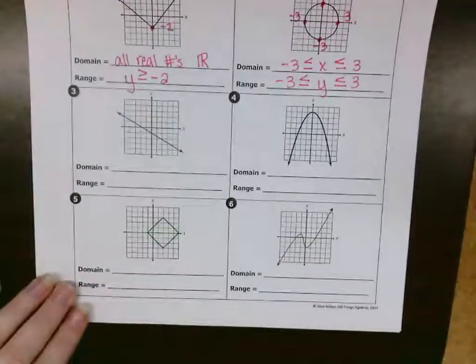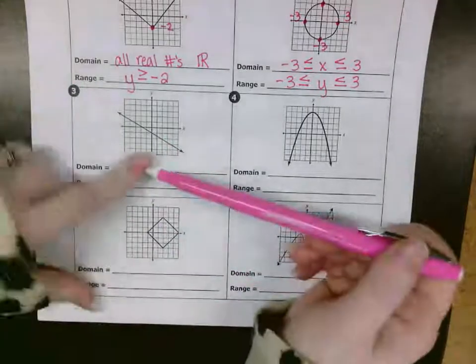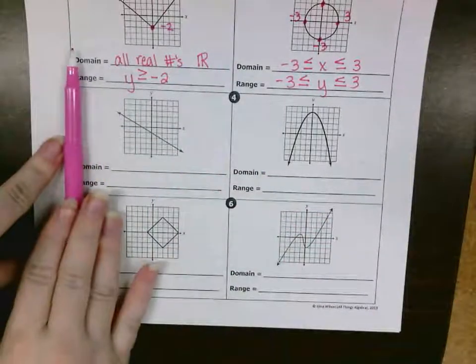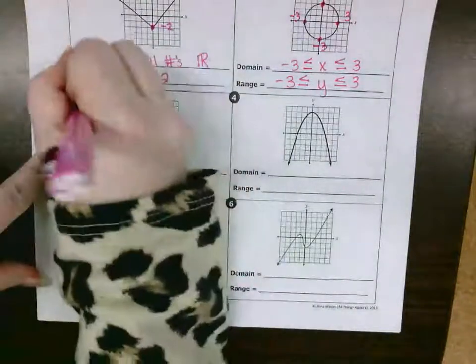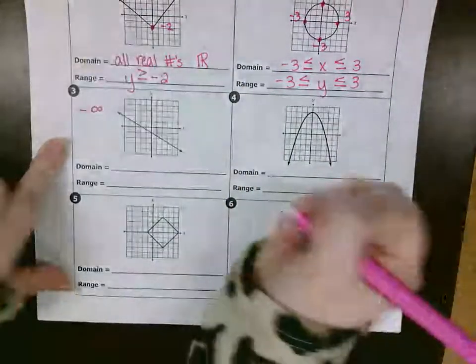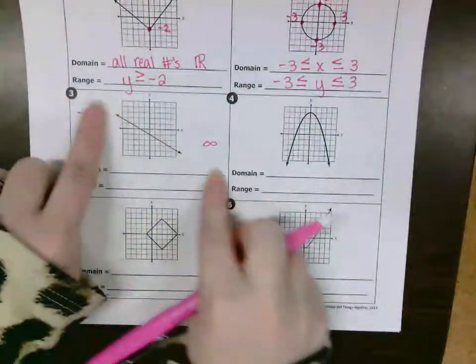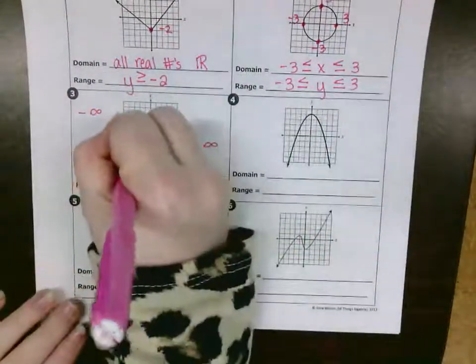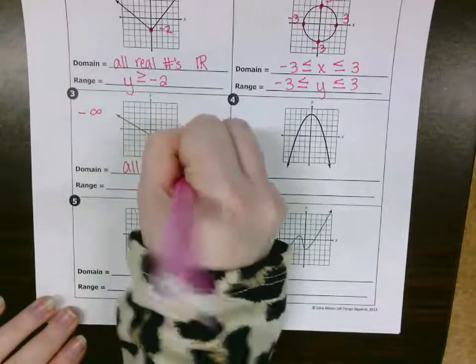Alright, domain and range. So our x values. Well, now we have arrows again. So if I go this way, it goes forever this direction and forever this direction. So to the left, it goes to negative infinity. To the right, it goes to infinity. So if it goes on and on and on forever, then you're going to say that it includes all real numbers.